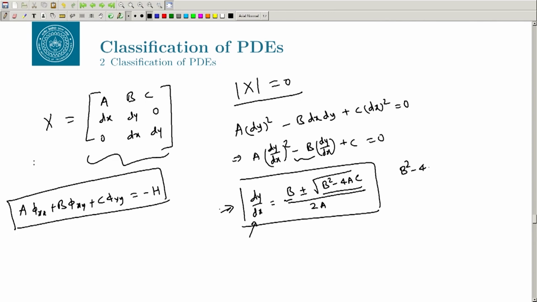If b square minus 4ac is less than 0, that means you will not have the real solution for dy/dx, and this kind of equations are called the elliptic equations.